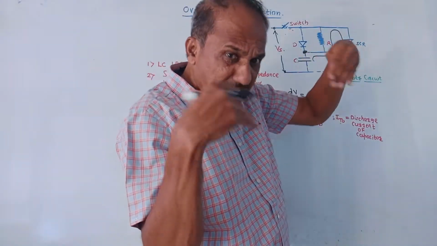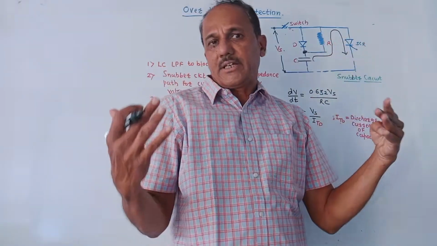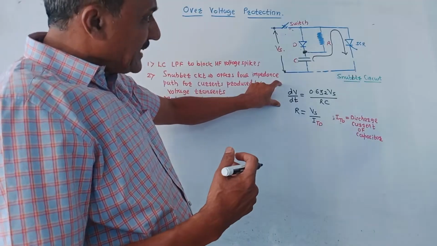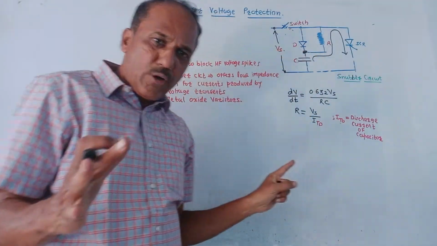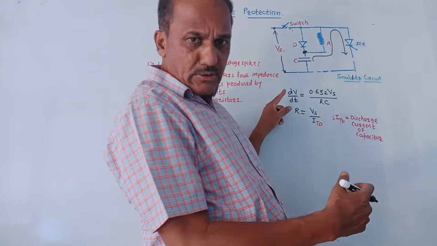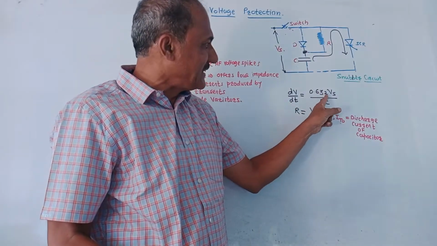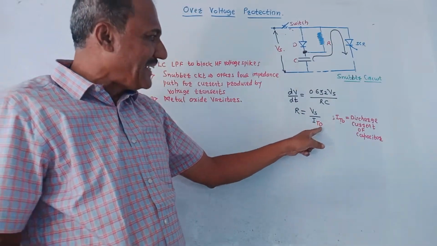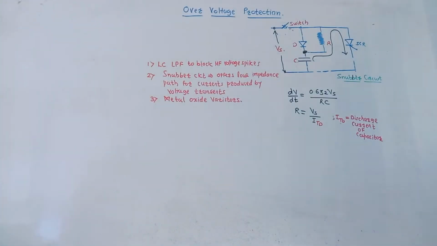To protect against these current spikes, this resistor R is used; it limits the current. This particular circuit is called a snubber circuit. For designing a snubber circuit, two major equations you need to remember. One is dV/dt, the rate of change of voltage, which is 0.632 times Vs upon Rc, and second, the value of resistance is Vs upon ITD, where ITD is the discharge current of the capacitor.